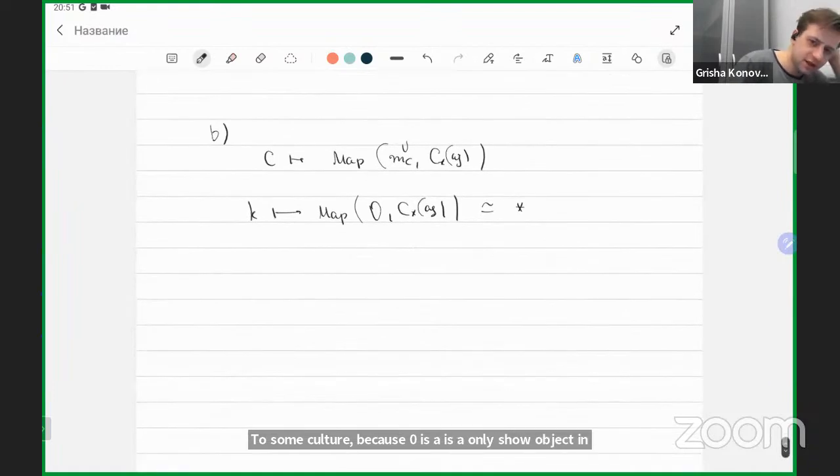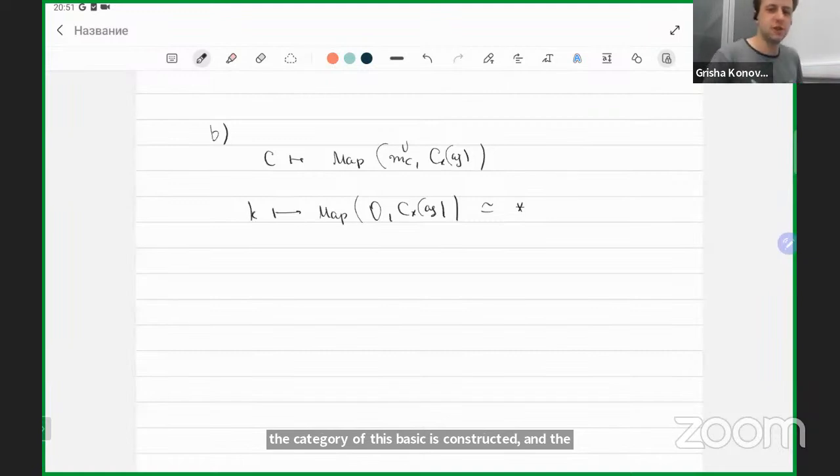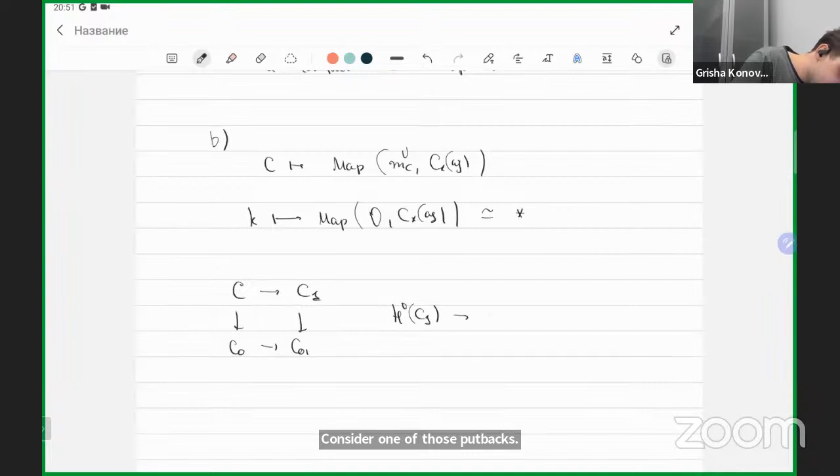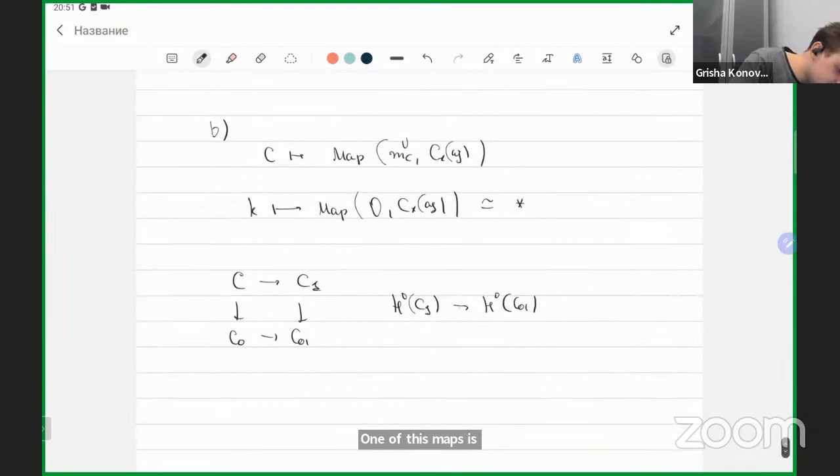And the second condition was about preserving certain pullbacks. Let us consider one of those pullbacks. One of these maps is required to be a surjection on H0.